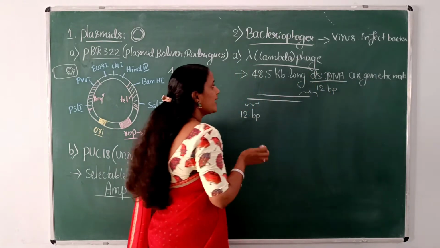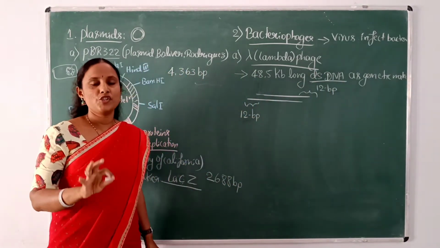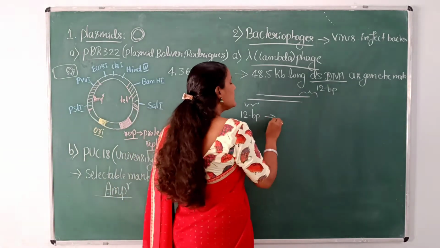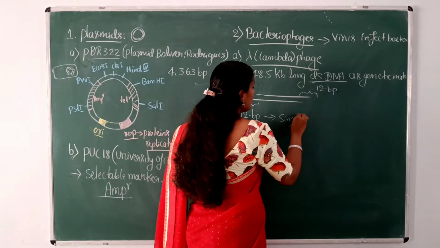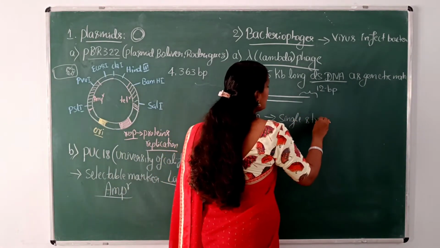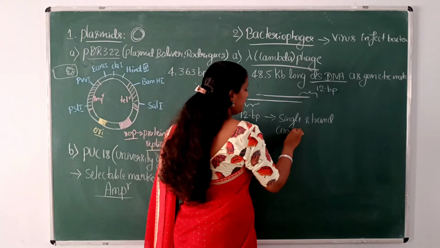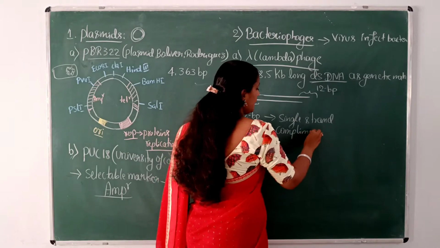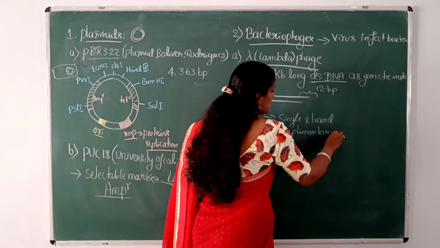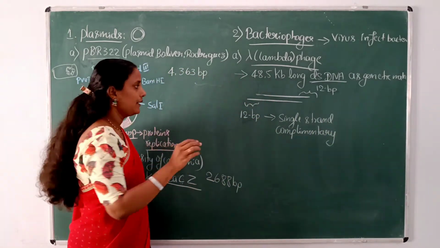The 12 base pairs on each end of lambda phage DNA are single stranded. And very importantly, they are complementary. They have complementary base pairs, and you know what complementary is.